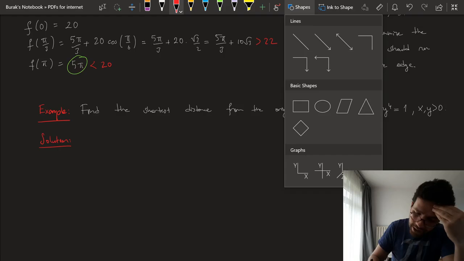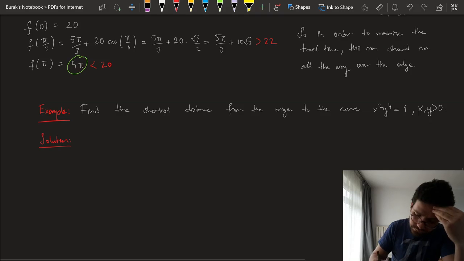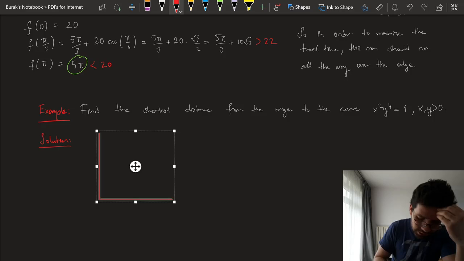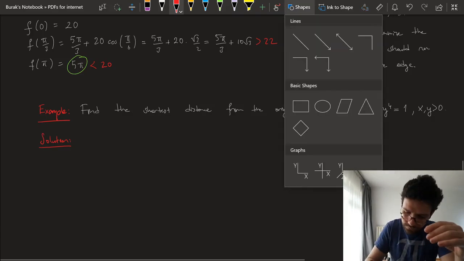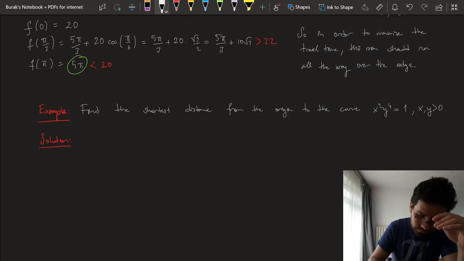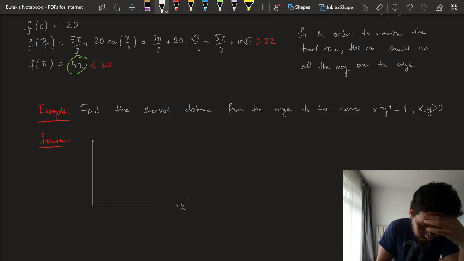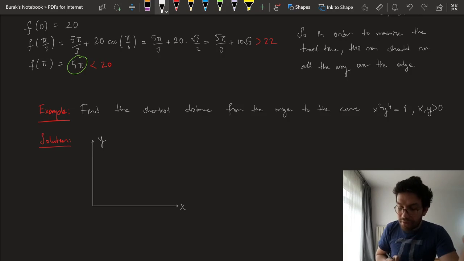I have a curve in this question, which is defined by the equation x squared y to the power 4 equals 1.